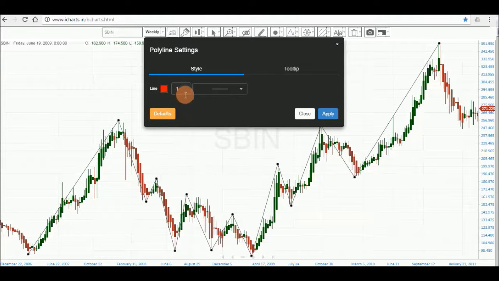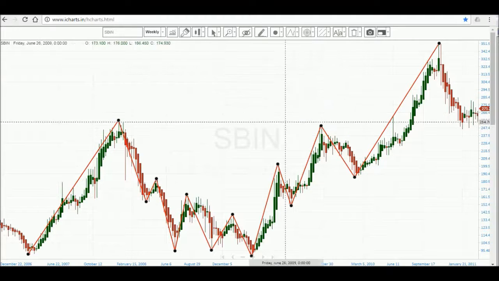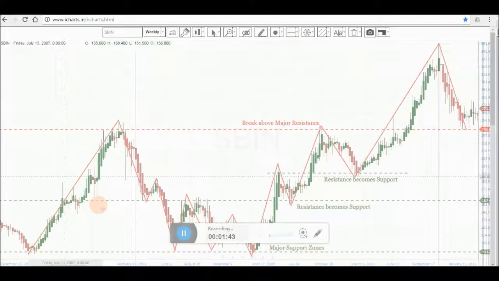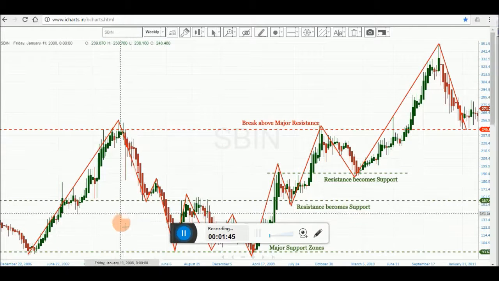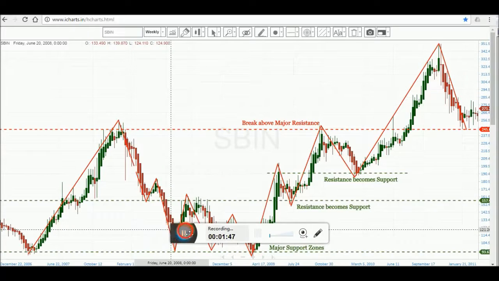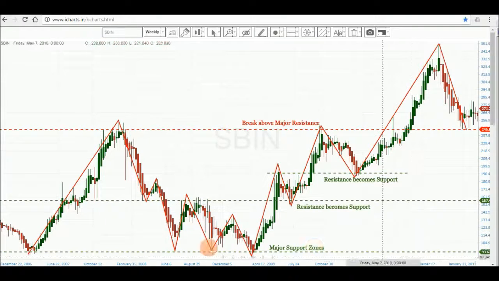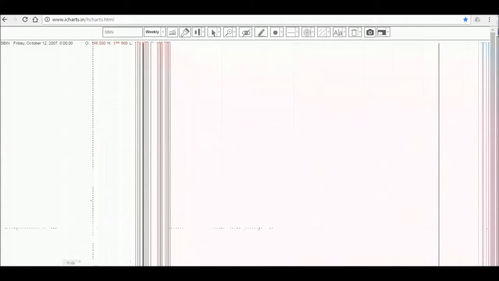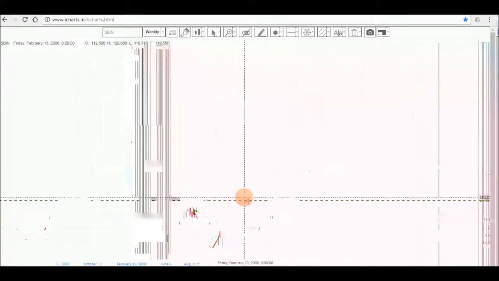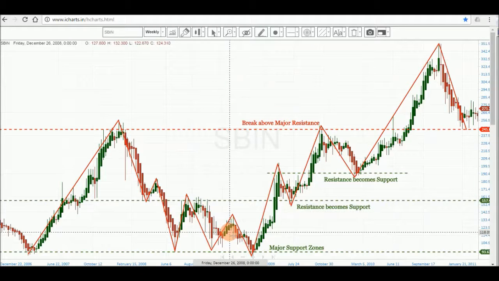So let us make this red. So now after you have done this, you would be able to see the price bouncing off repeatedly of a couple of levels.